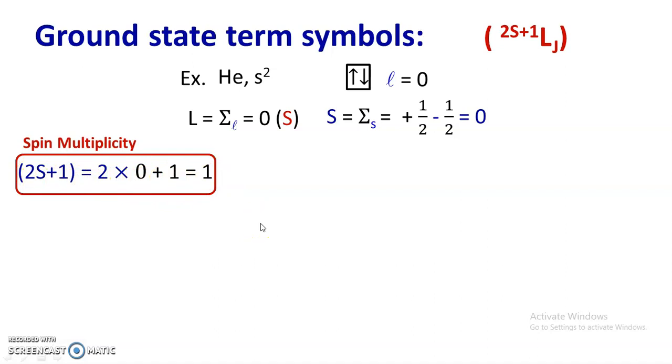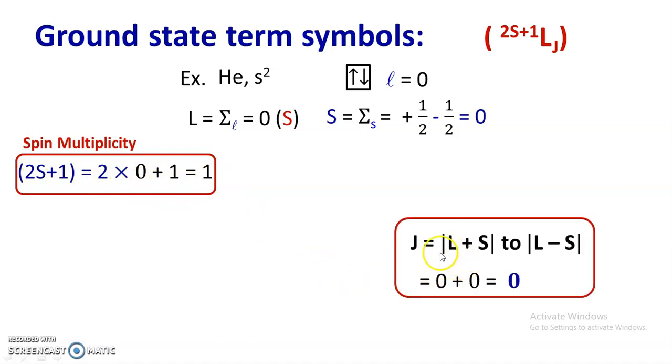So the spin multiplicity is 1, and the J value ranges from L plus S to L minus S. Here the value of L is 0 and the value of S is also 0. So L plus S is 0 plus 0, that is 0, and L minus S is also 0. So the value of J is 0.